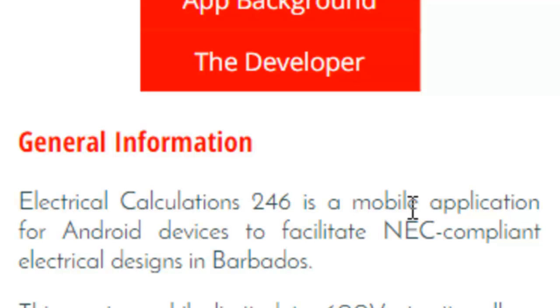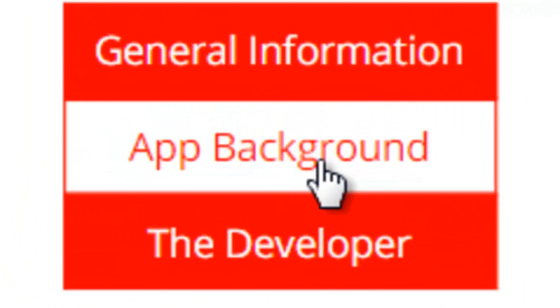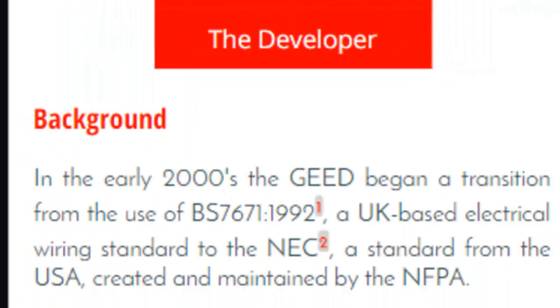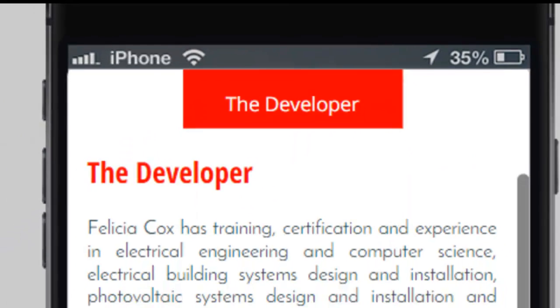Hopefully, in future versions of the app, we'll be able to expand the scope of the app to include other cables and other conduits and so on. Some background on the app and why it might be necessary, and also a little information about the developer.